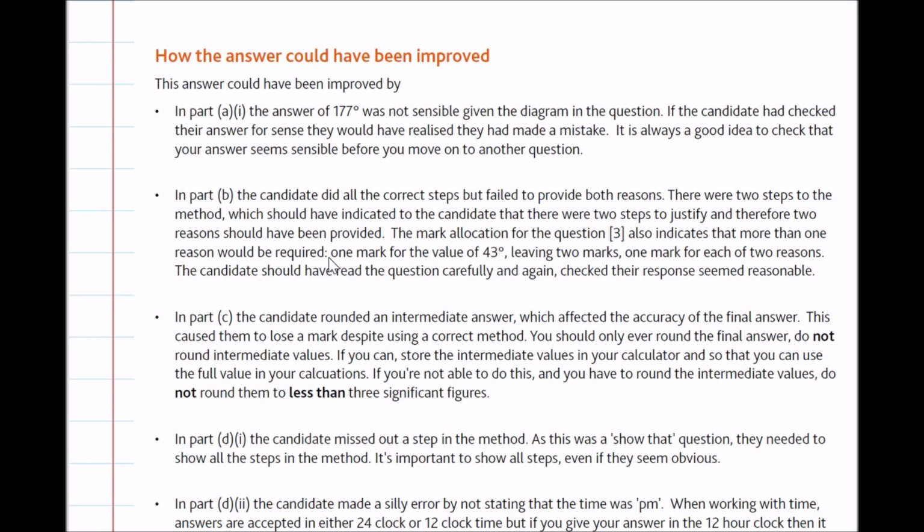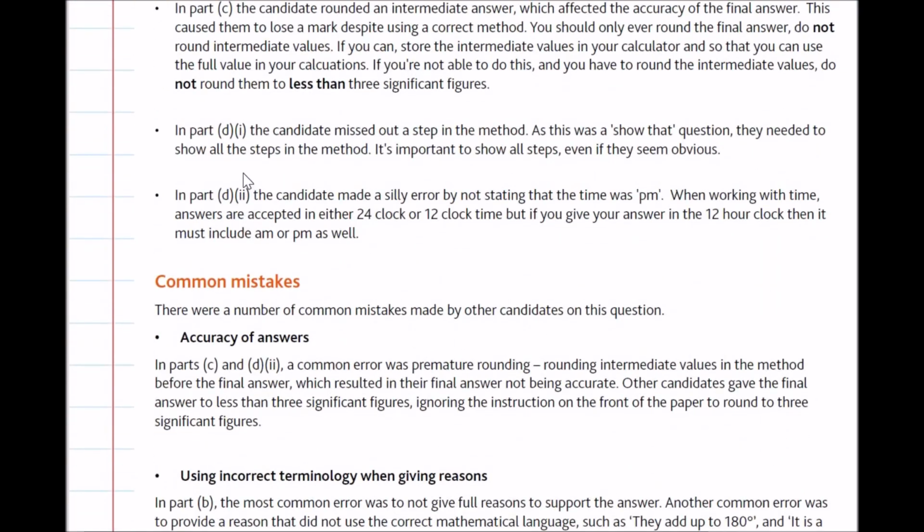If you are not able to do this and you have to round the intermediate values, do not round them to less than 3 significant figures. So you can round to 4 or 5 SF, not 3 SF, because they are intermediate answers, not final answers. So your final answer in 3 SF will be correct and you will not be losing marks.